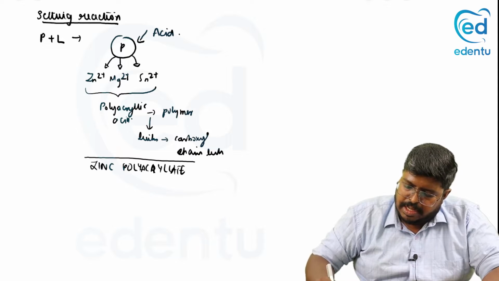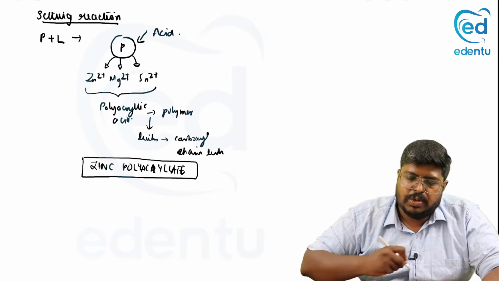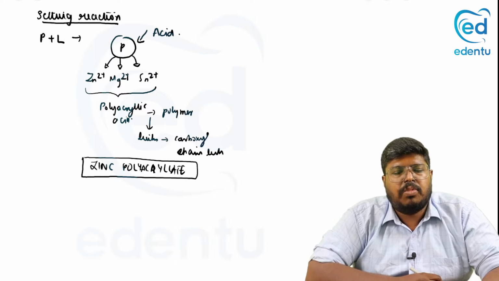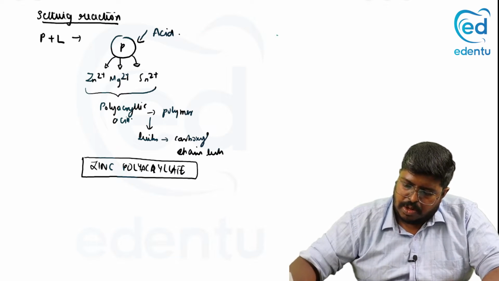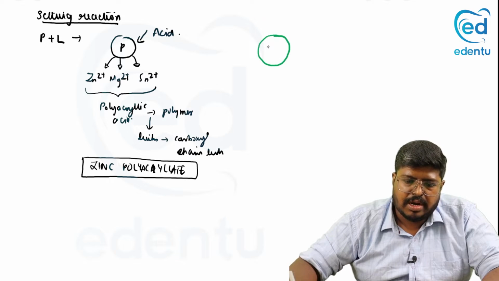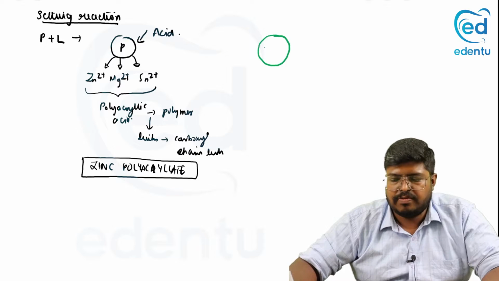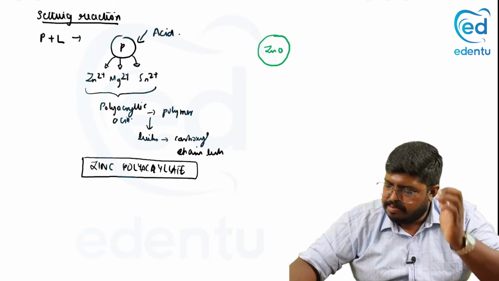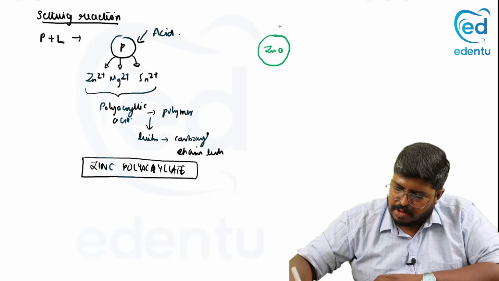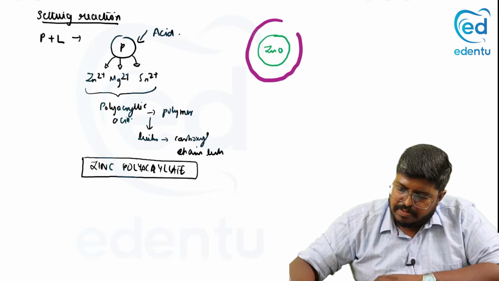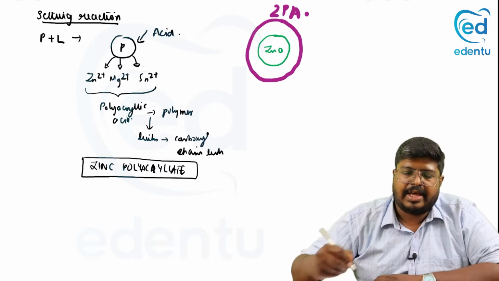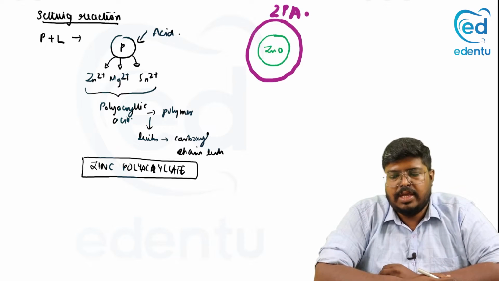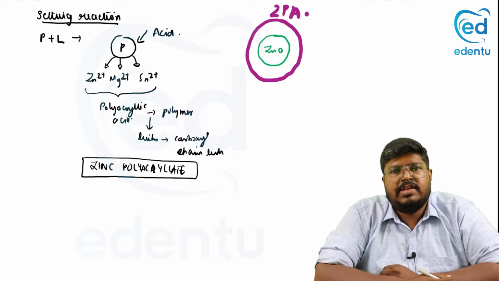So eventually you have landed zinc polyacrylate. So how does the structure look? You are going to have a core of unreacted powder particles of zinc oxide with an amorphous area consisting of zinc polyacrylate. So this is the whole setting reaction.